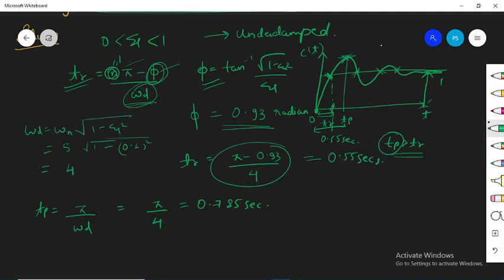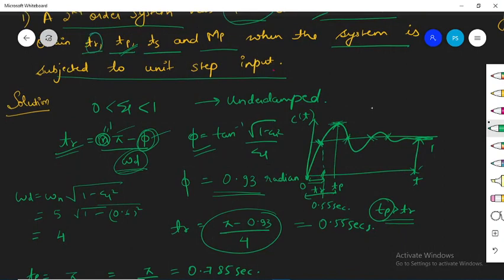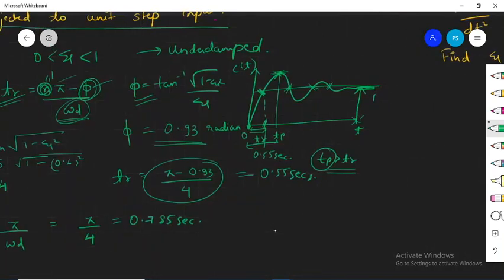Now, the third thing that we have to find out, we are done with TR, we are done with TP. The third thing is TS, and the fourth thing is the maximum overshoot. TS is known as the settling time, and we had defined it for a certain tolerance range.